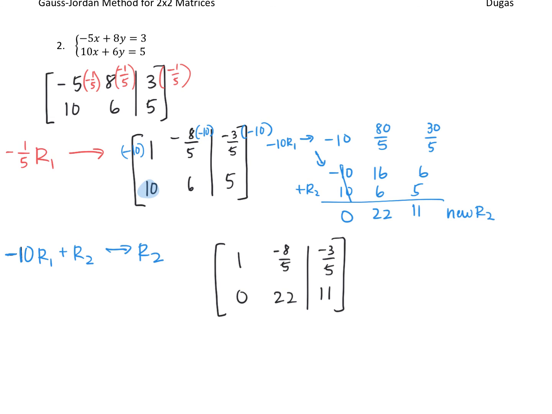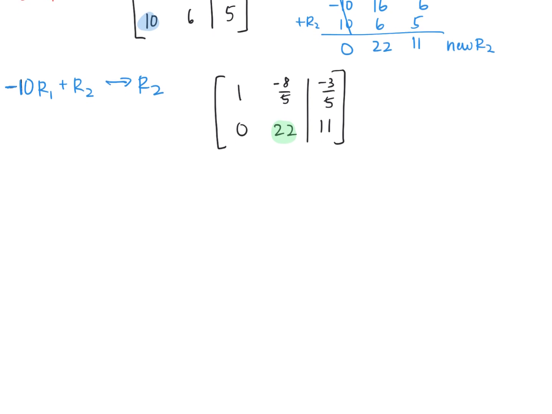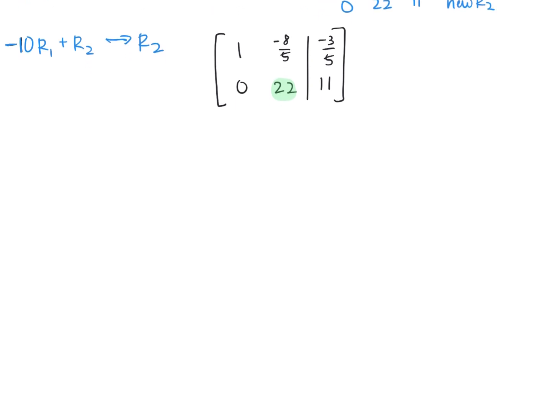Okay, so we basically have to do the same process now with the second column. This time, we want the 1 to be in the position of A22, and in this case, that's the number 22. Whenever you're trying to make something be a 1, you're always going to divide it by itself.